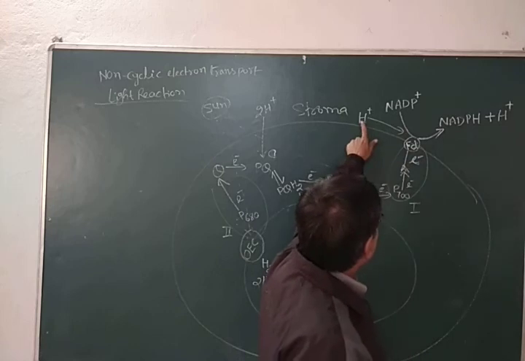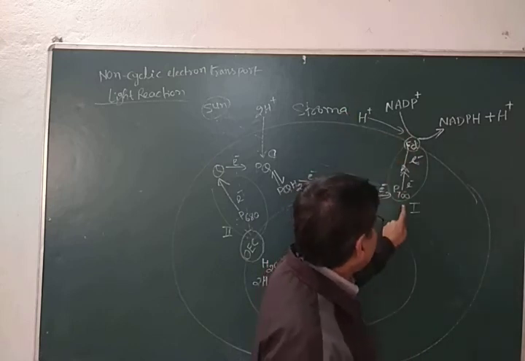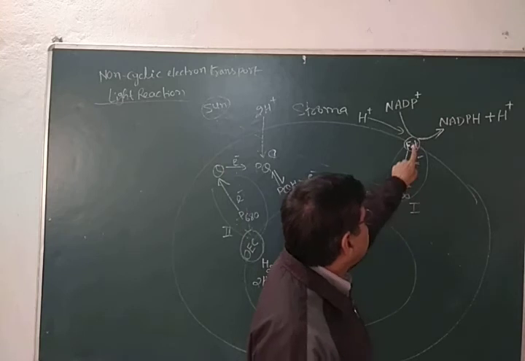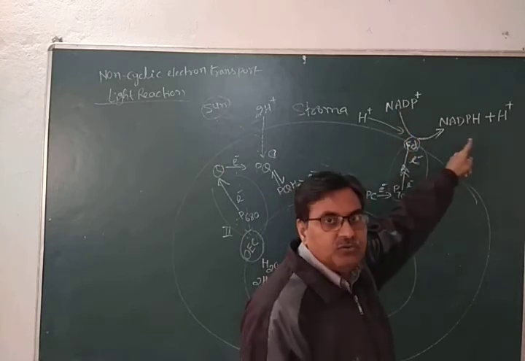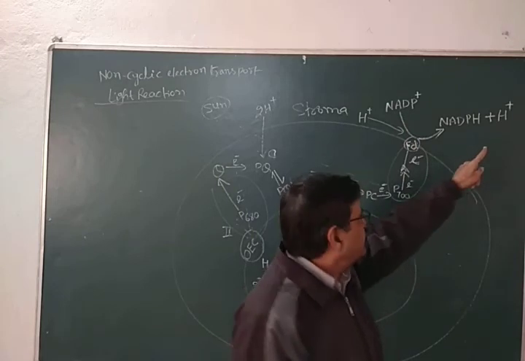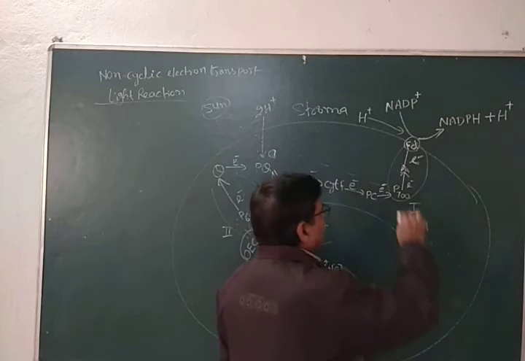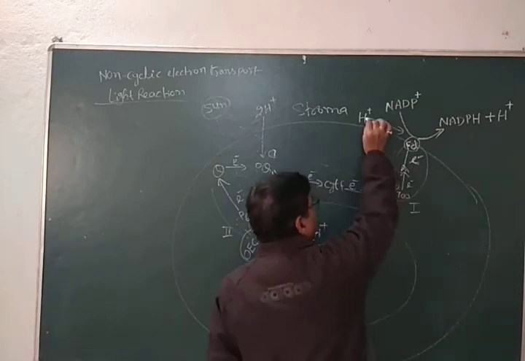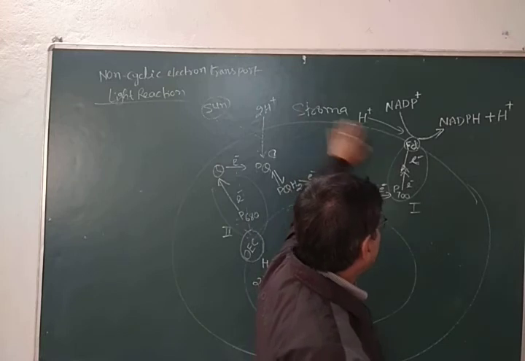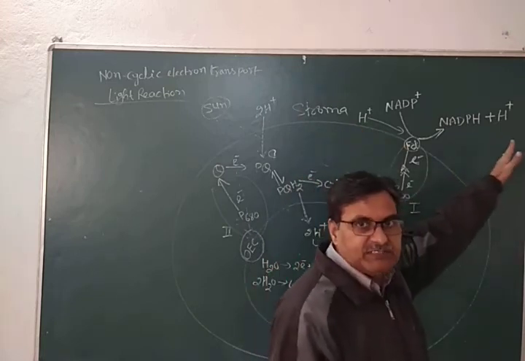The hydrogen proton comes from the stroma and the electron comes from photosystem 1, and now this NADP is reduced to NADPH plus H plus. So for the reduction of this oxidized NADP, the electron comes from photosystem 1 and the hydrogen proton comes from the stroma, and in this way it forms the NADPH plus H plus.